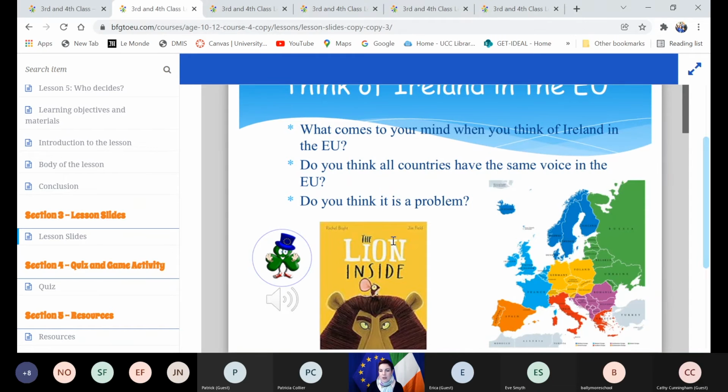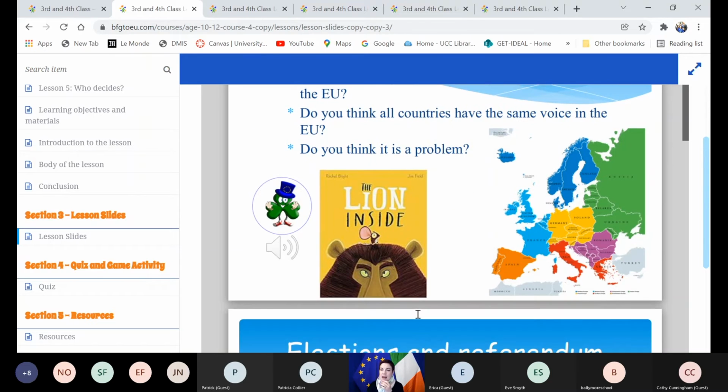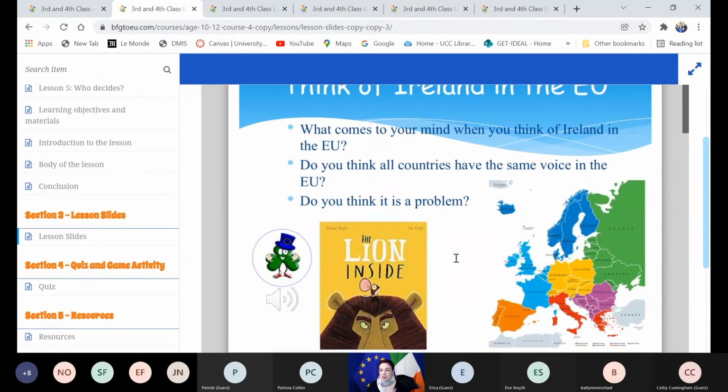use children's literature, The Lion Inside, and we read the book to the children, and then we get them to draw comparisons with the European Union. And it's interesting because they are very well able to argue who the lion is, who the mouse is, and sometimes completely different positions, but the argument is very clever.